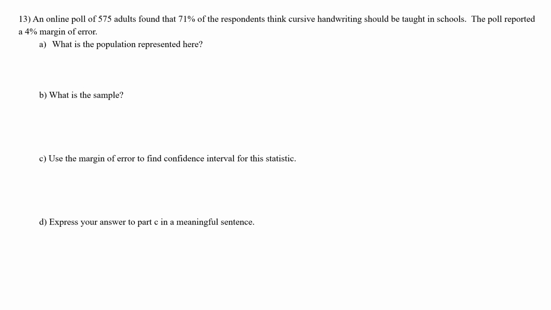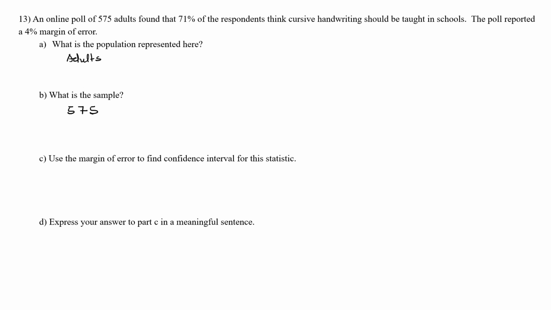For margin of error, we talked about the fact that the population represents the object or persons of interest, and in this case, it's the adults. The sample size is a subset of the population, which represents the actual number, and so we have 575.